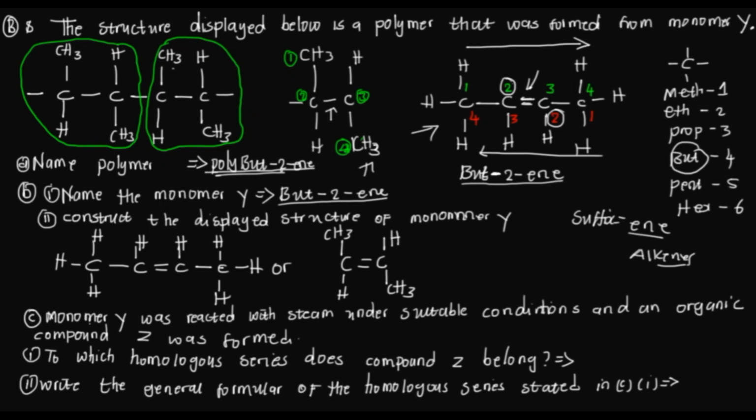Okay, so then we have another question here. Monomer Y was reacted with steam under a suitable condition and an organic compound Z was formed. The key is that monomer Y is an alkene. So here we are looking at what happens when an alkene is reacted with water.